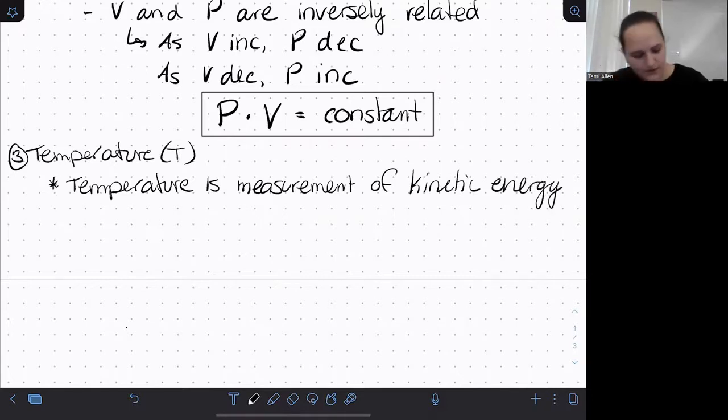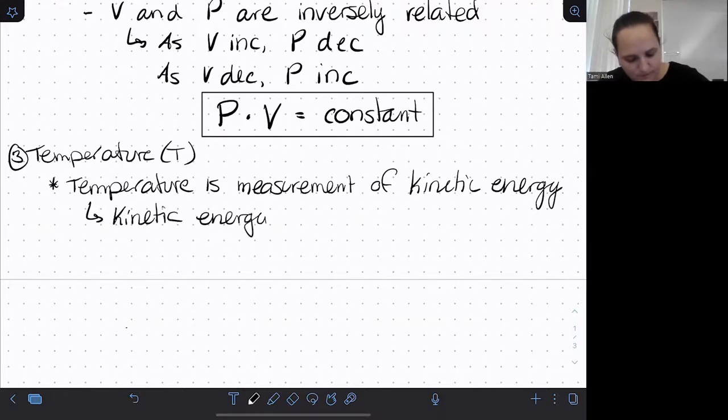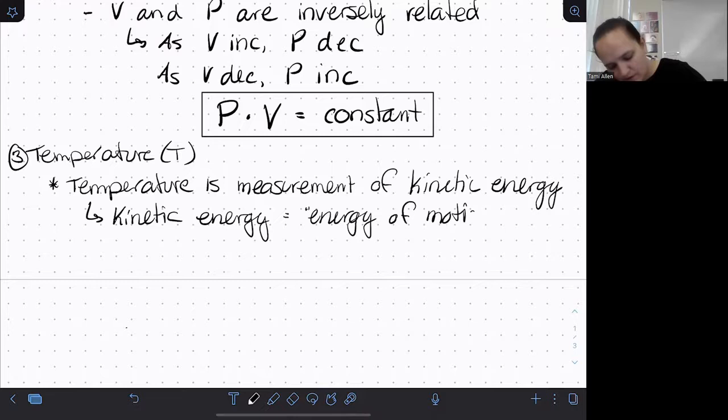And kinetic energy is often referred to as the energy of motion. For a particular object or a particular substance, the faster it is moving, the more kinetic energy it has.